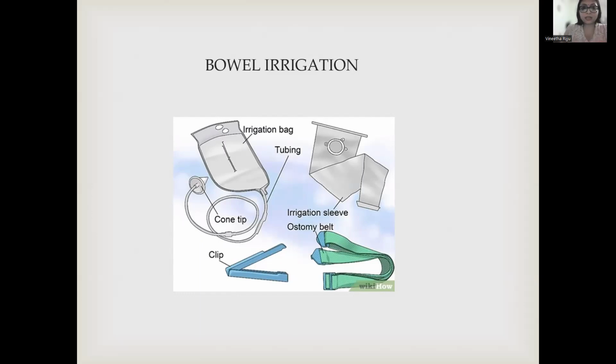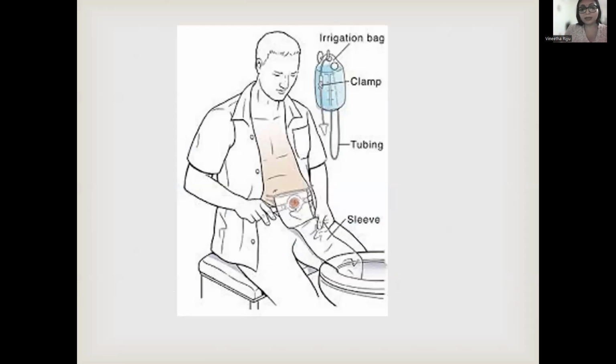So these are the different things that are used for bowel irrigation. You have an irrigation bag, the tubing, the cone tip, which is inserted into the stoma. There's the clip. This is the irrigation sleeve you see there, and the ostomy belt. So this is how the patient is placed. Warm, lukewarm water is filled in the irrigation bag, and you saw the cone tip over there.